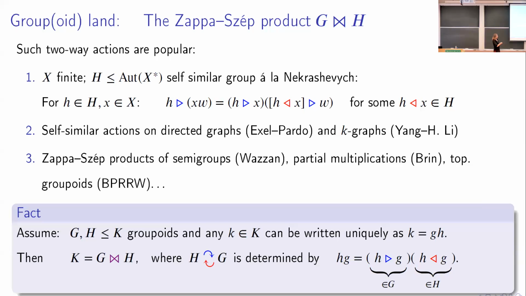Take any H and any G, multiply them. I land back in K because K contains these two subgroupoids. But by this unique decomposition, I can write it as an element in G and an element in H. I can move them past each other in a certain sense. And then this element in G that I find is really H acting on G, and the element in H that I find is really G acting on H. So you can really compute what the two-way actions are.